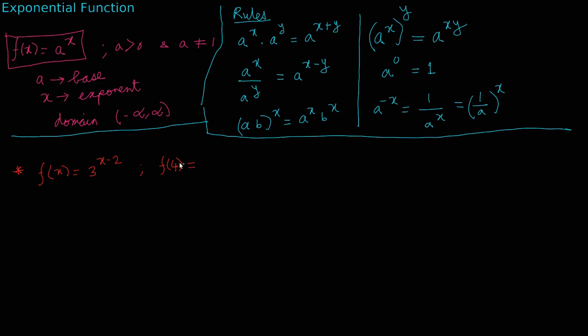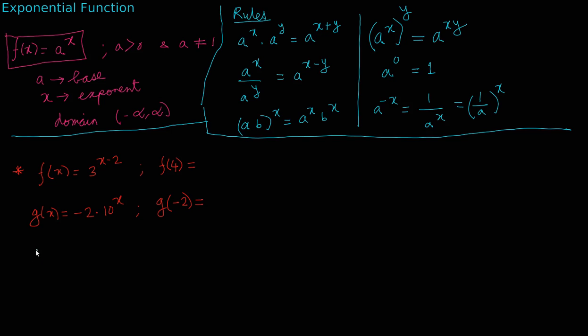Let's take another example. Let's say I have another exponential function g of x equals negative 2, as a constant, multiplied by 10 power x, and I need to find g of negative 2.